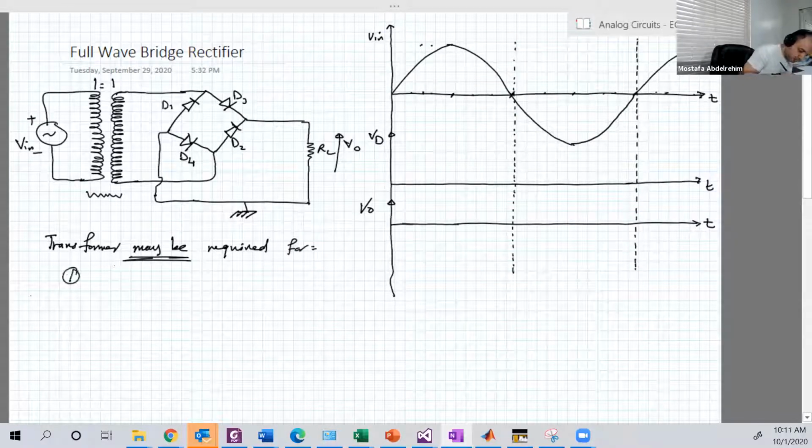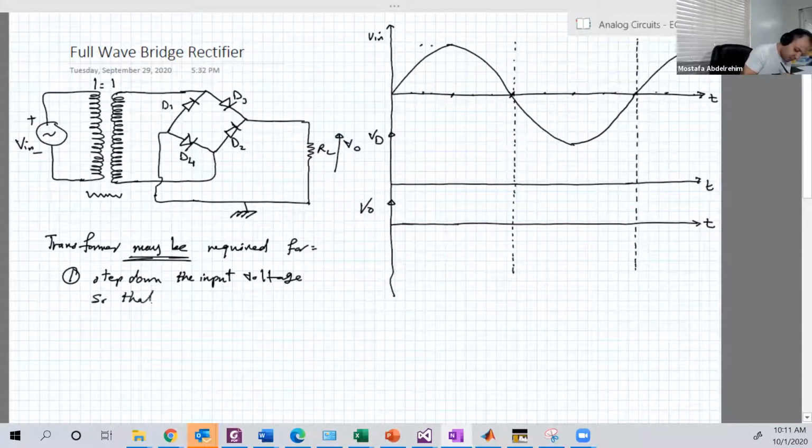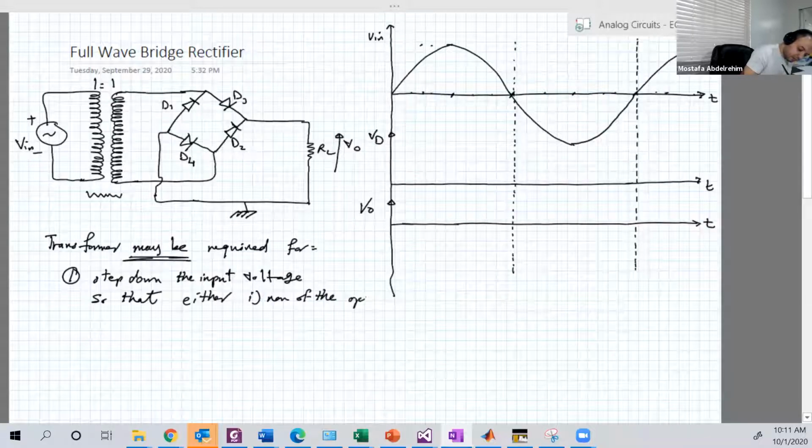Number one, to step down the input voltage so that none of the operating diodes breaks.